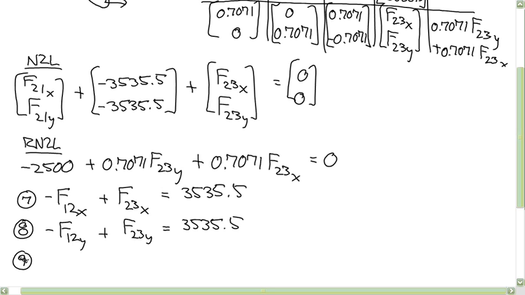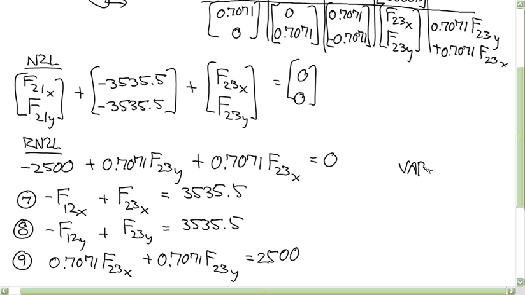And then 9, 0.7071 F23x, I'm just switching the order of these two for the matrix, plus 0.7071 F23y is equal to 2500.